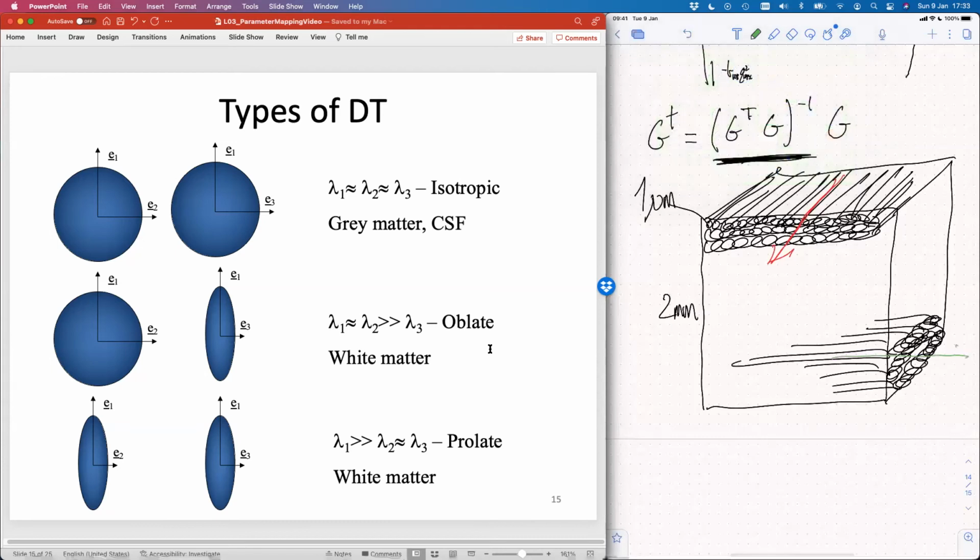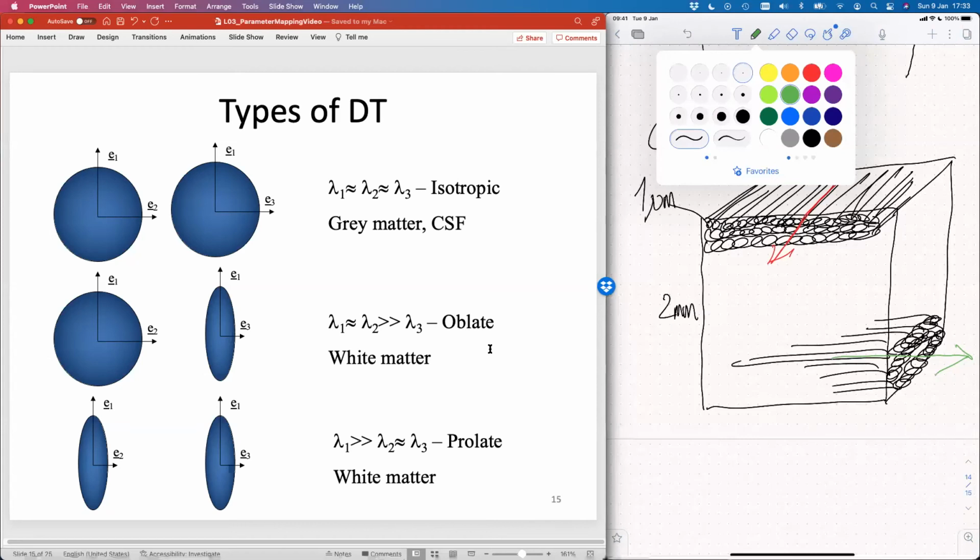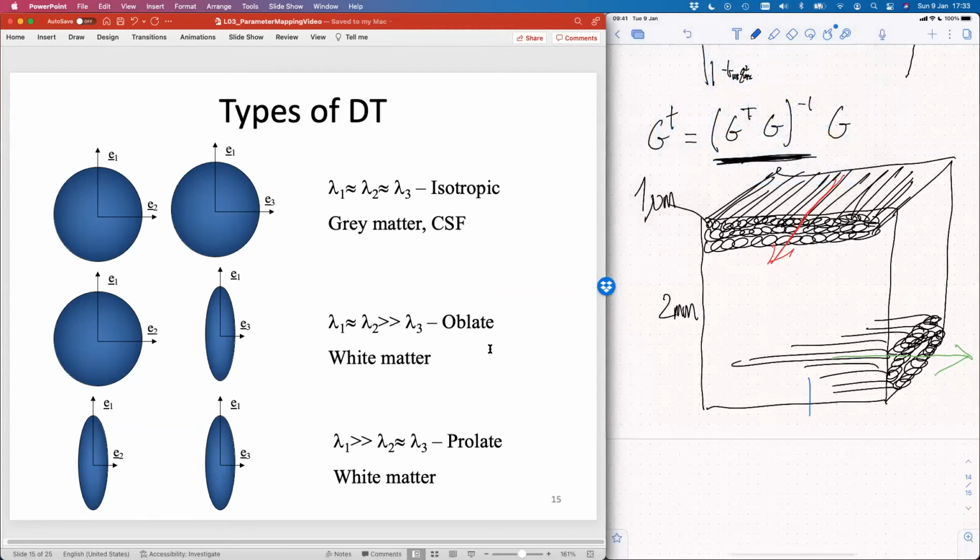And so we'd expect quite high diffusivity in both the green and the red direction, but in the third perpendicular direction, this blue direction, that's perpendicular to the orientations of both of these groups of fibers, we'd expect low diffusivity. Overall that would lead to this kind of oblate shaped diffusion tensor. So that's how that can arise.